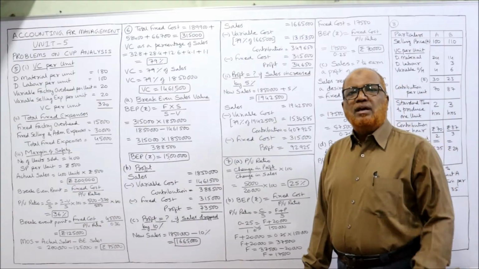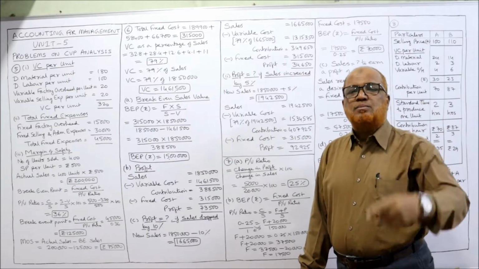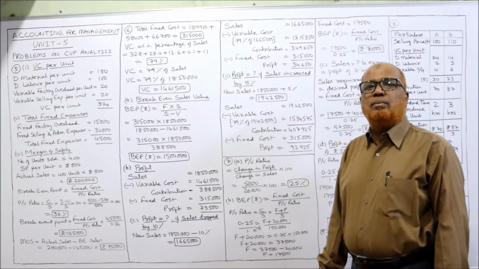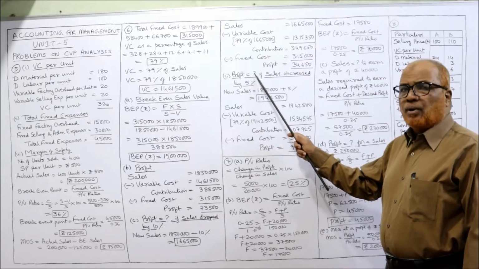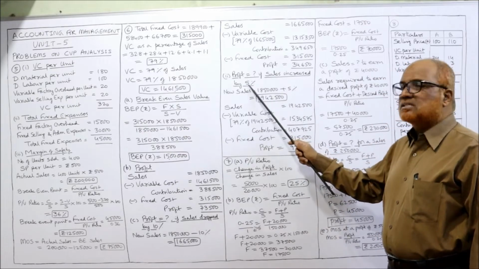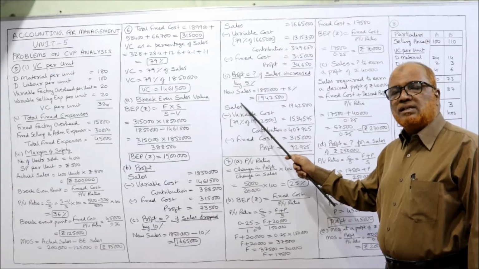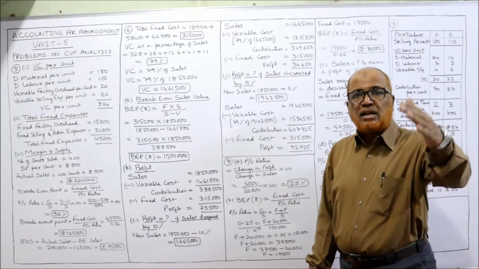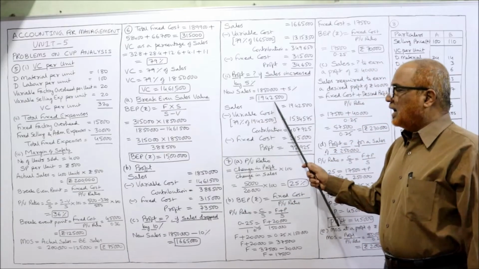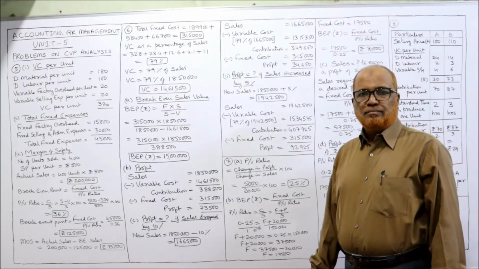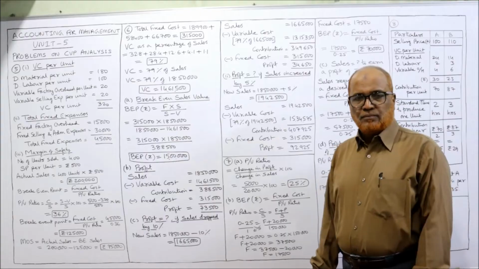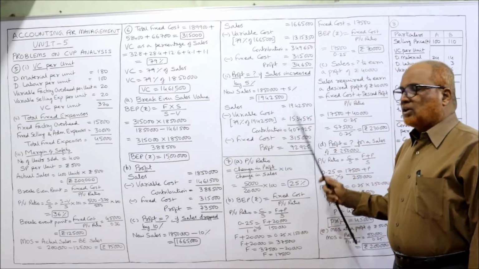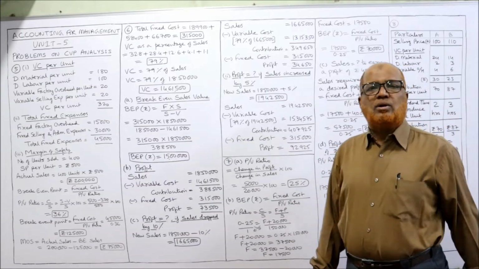Same question is given: if sales are increased by 5%, how much would be the profit? So new sales: 18,50,000 plus 5% because increased. So it will become 19,42,500. This is the new sales. From this we subtract variable cost.